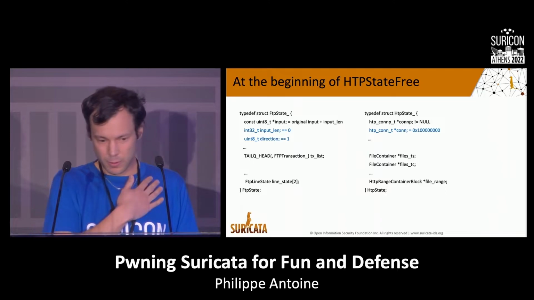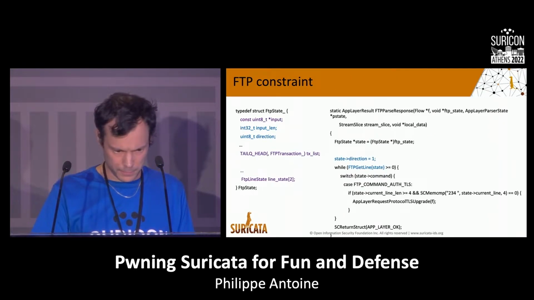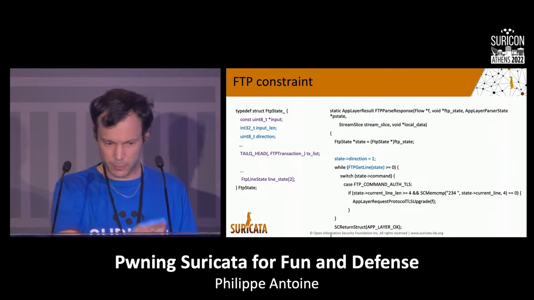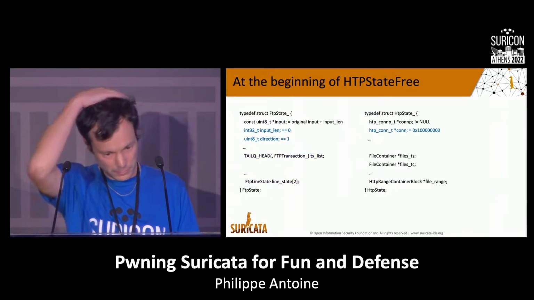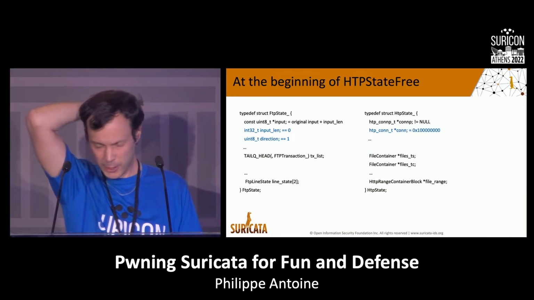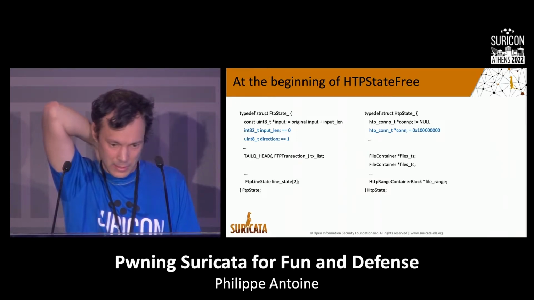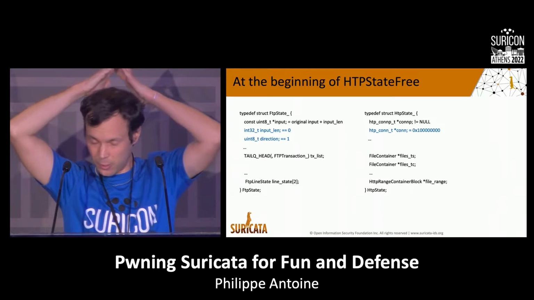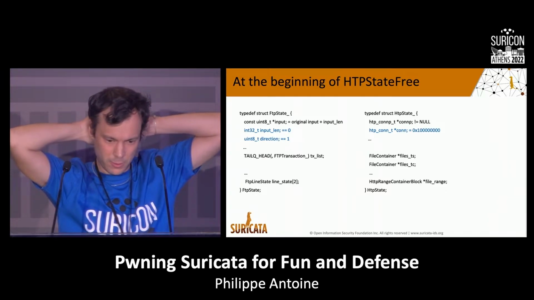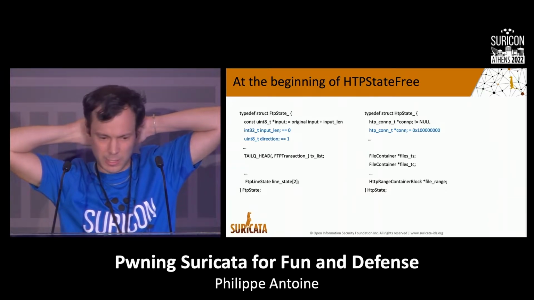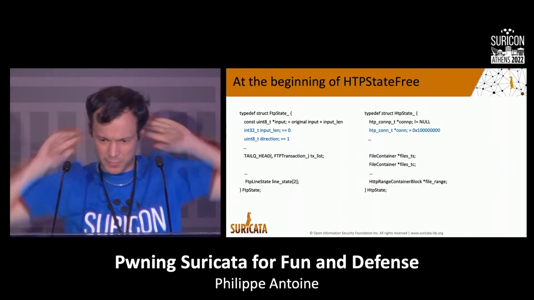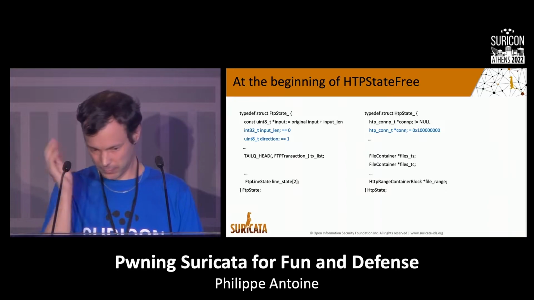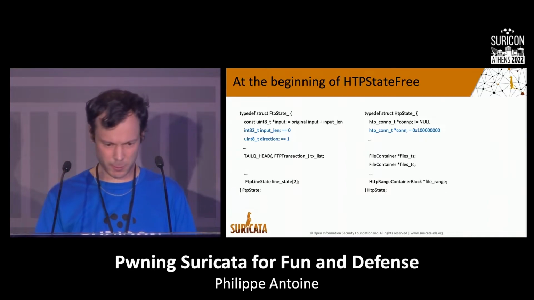And so input is not 0. It's on the original input plus input len. And so for the attacker, that was a problem because the first field was not 0, and then we had a second field which has a fixed value of 1 and 8 zeros.